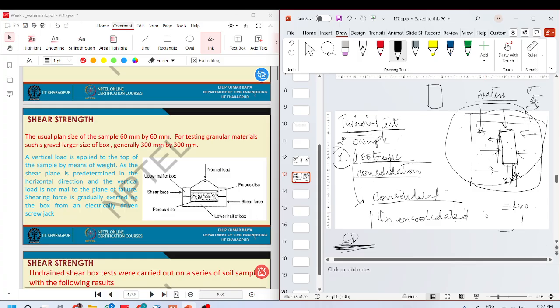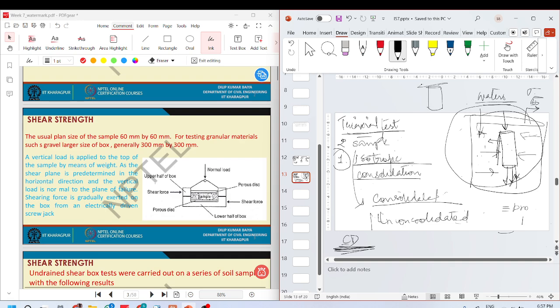When you're talking about coarse grain soils, we are not talking about gravel here. We are talking about sands and silts, because gravel size is not conducive to triaxial testing. To be more fair, whatever we want to know about sands or gravels, we get it from the direct shear testing.